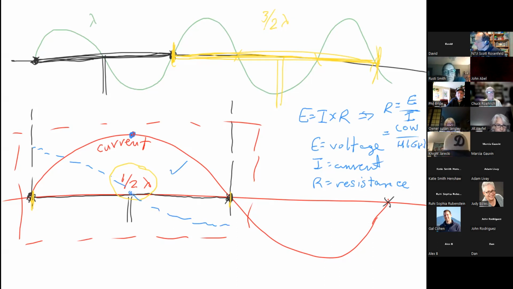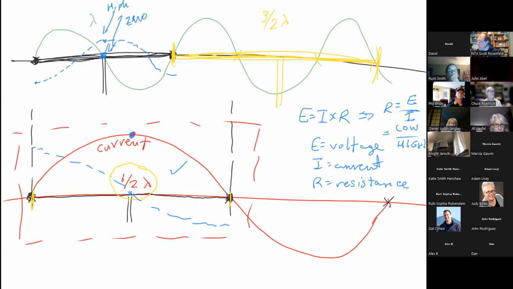But now let's take a look at this green one up above. We have our high voltage at the same point where our current is low. We're going to draw this wave like that. So what happens at the center point? We have how much current? We have 0 current, or very low current. We also have very high voltage.